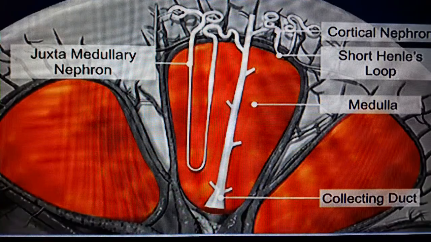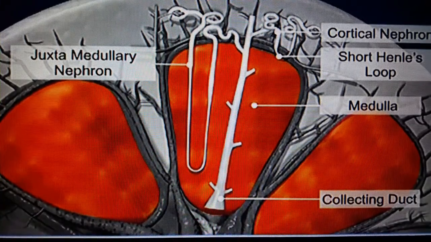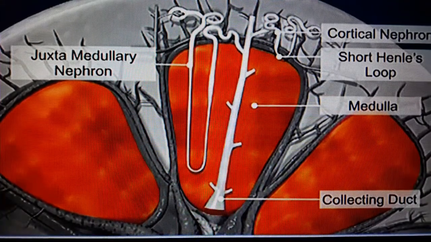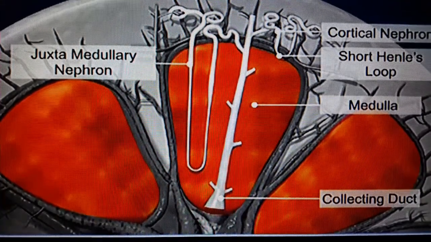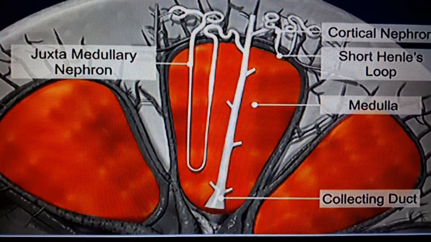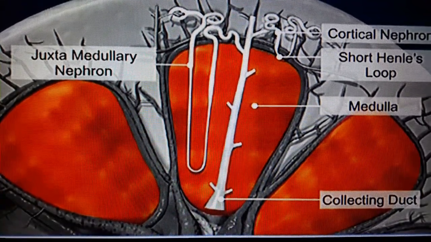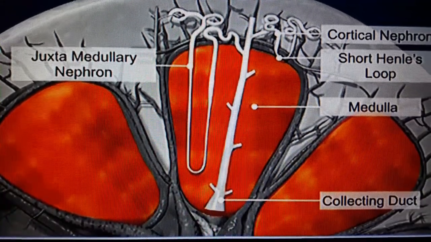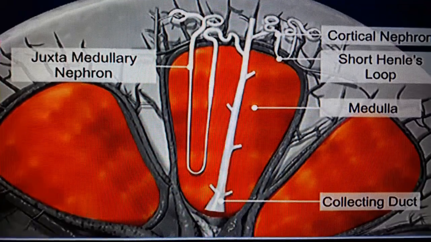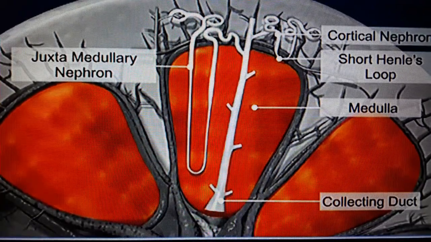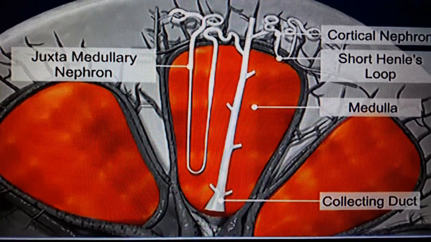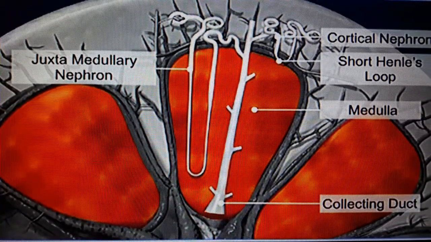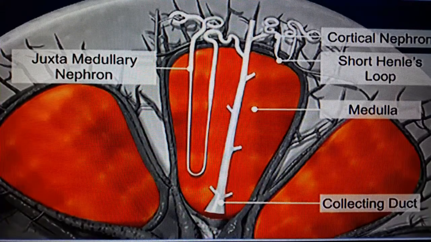Second, proximal convoluted tubule, PCT: cuboidal epithelium with numerous microvilli and mitochondria concentrated near the basal area, so it allows reabsorption of salts by active transport. As we discussed earlier, in the proximal convoluted tubule numerous microvilli are present, and mitochondria are present near the basal area. Why mitochondria? Because active transport takes place in this tubule, so energy is needed.